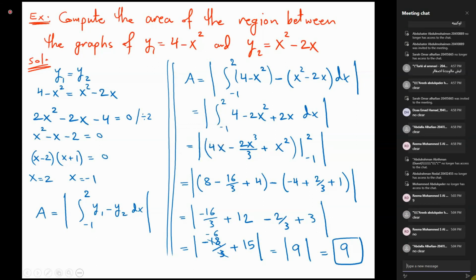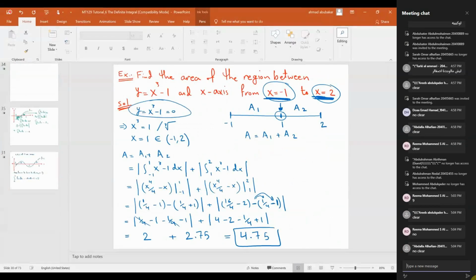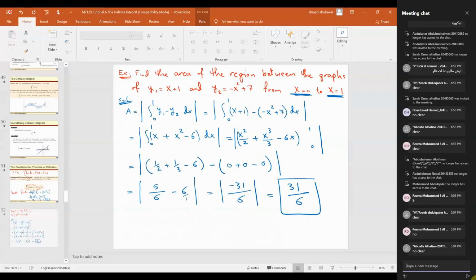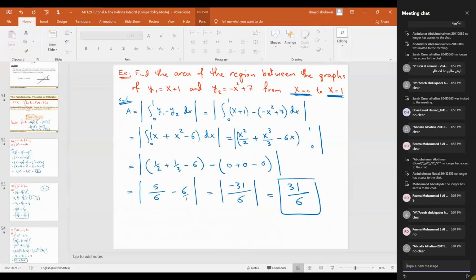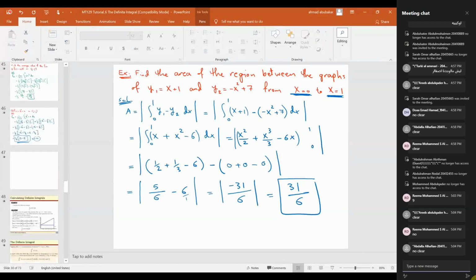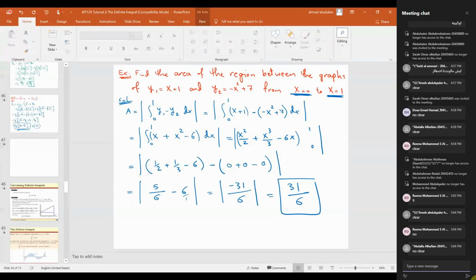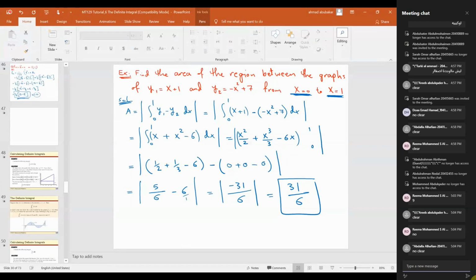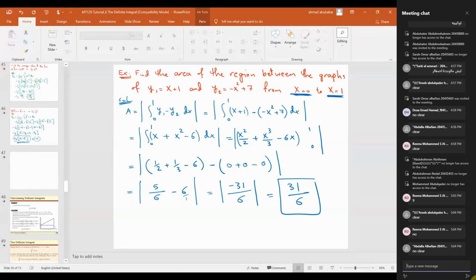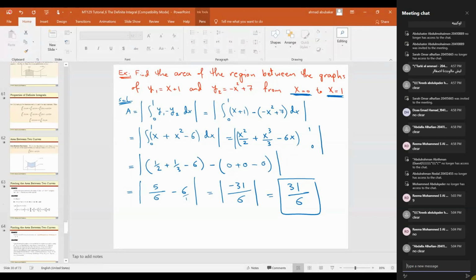The last subject in this chapter is the average value. If we need to find the average of any function, we can use integration also.